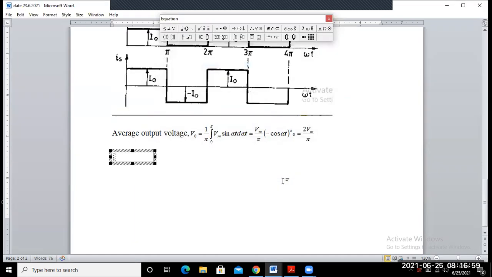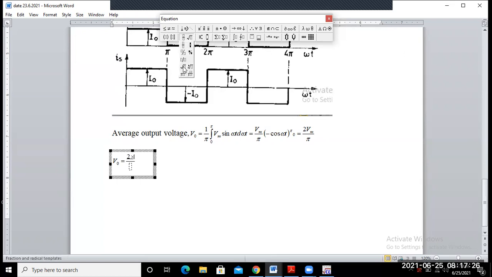So the average voltage V0 equals 2, and put here the value of Vm. Vm equals root 2 into VRMS. So the RMS voltage is already given to you, 230 volt.